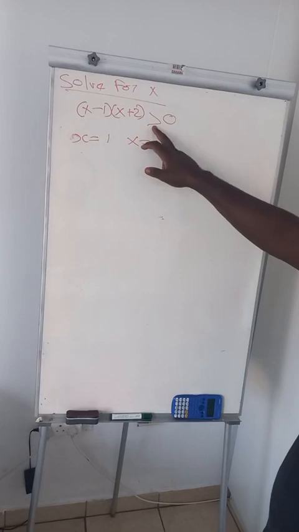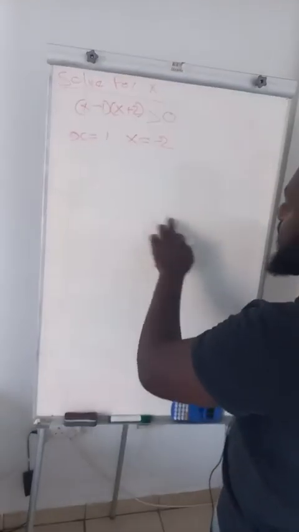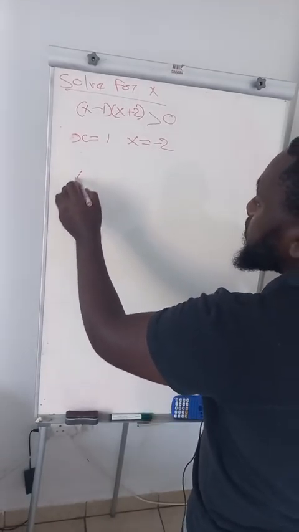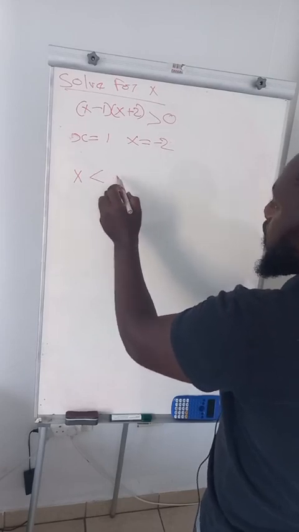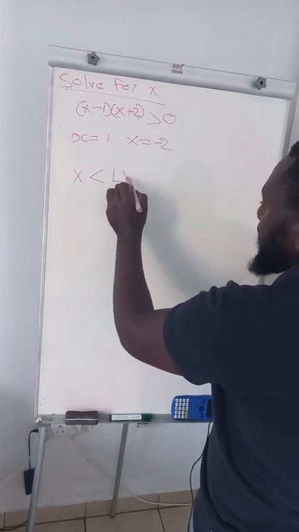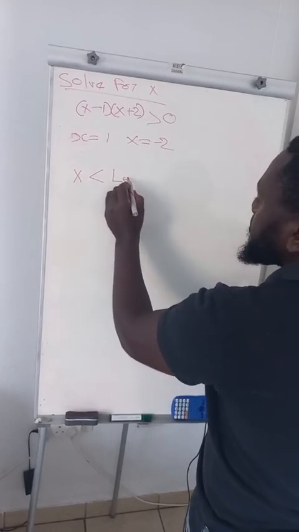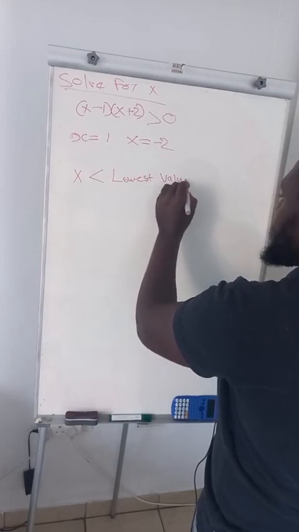But now because it's saying greater than, you need to say that your x value will be like this. Your final answer will be x less than the lowest value. Let me write it in full: lowest value.